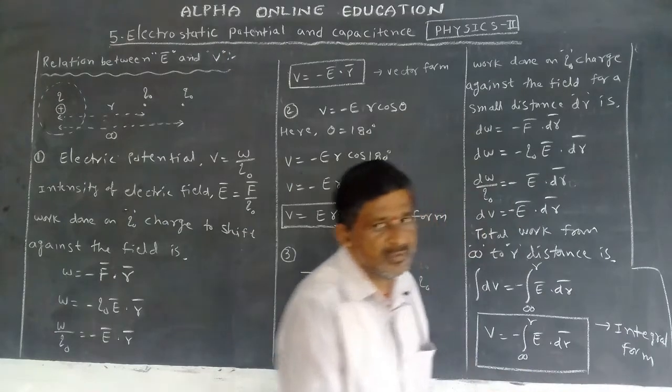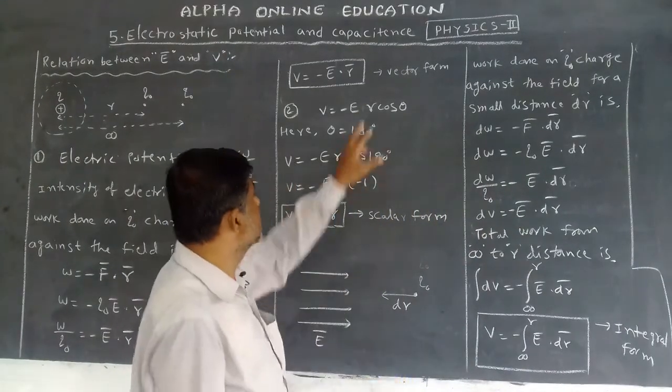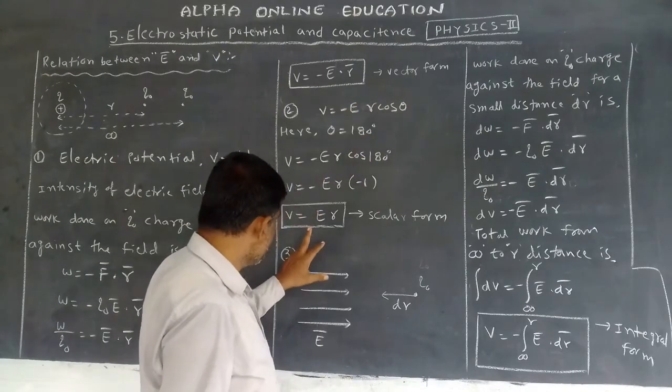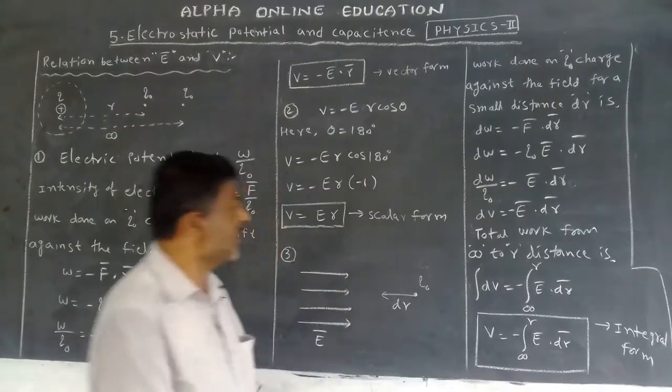Integral form. Okay. These are the three relations. One is the vector form, one is the scalar form, and this is the integral form.